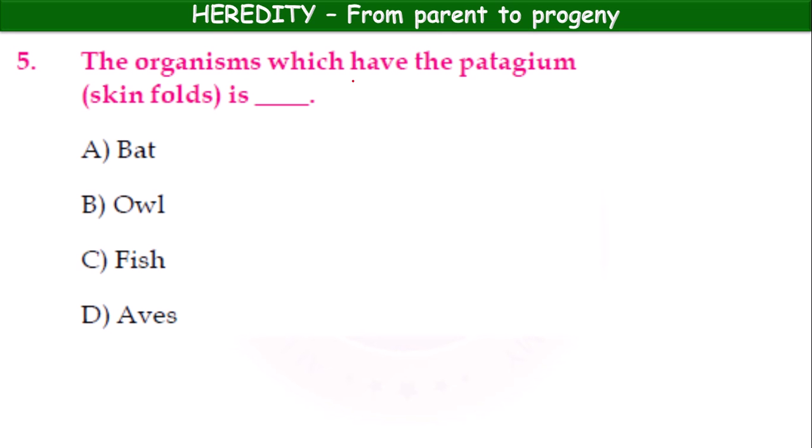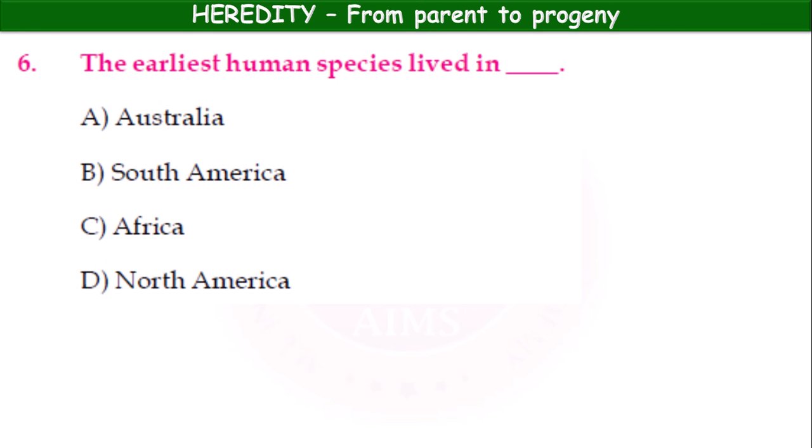The organisms which have the patagium skin folds, among these organisms which possess this patagium: bat, owl, fish, aves, birds. Okay. That is bat, option A. The earliest human species lived in Australia, South America, Africa, North America.